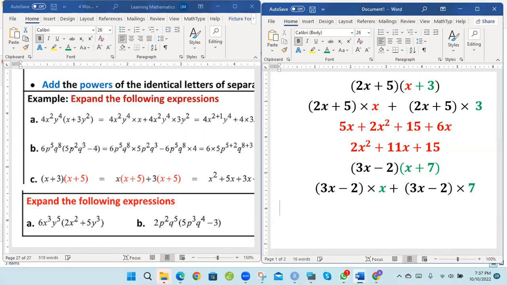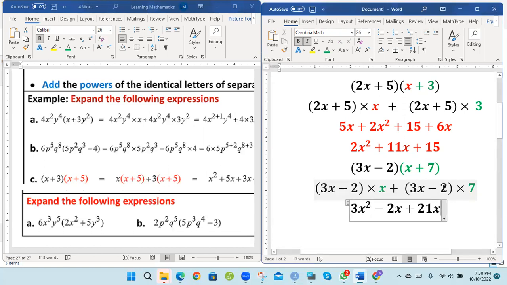Now, as someone said, they prefer to have the 3x squared in one area. So let us start with the x by 3x squared. X by 3x is 3x squared. And x by minus 2 is minus 2x. And then we're going to do the 7 now. 7 by 3x is a plus 21x.